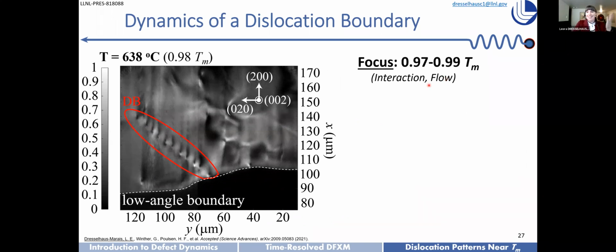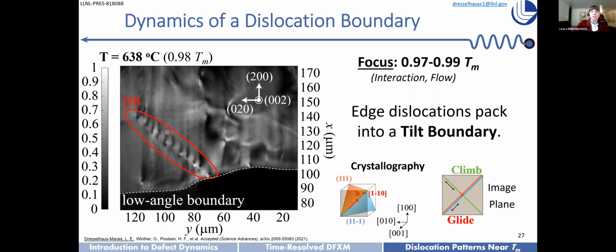Now, since we have an FCC crystal here that is very well known and well studied, as well as a forward model to compare this to, we can identify that these correspond to edge dislocations of the 1 minus 1 Burgers vector that pack into a tilt boundary, which is a stabilizing dislocation structure.